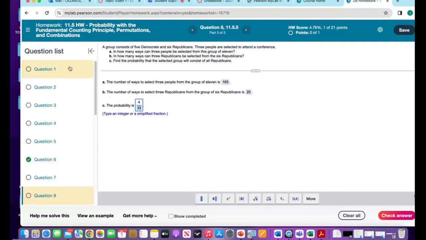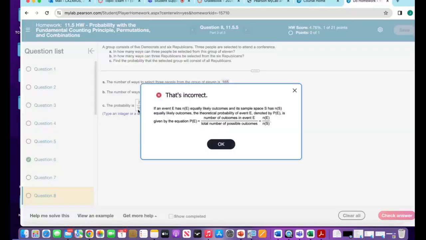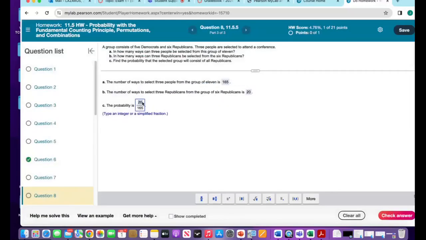If I don't simplify, it will count off. If I did this, oh, well, that's all wrong now. Then it's going to count it wrong because it wants us to simplify. So we have to do the 4 over 33. Okay.